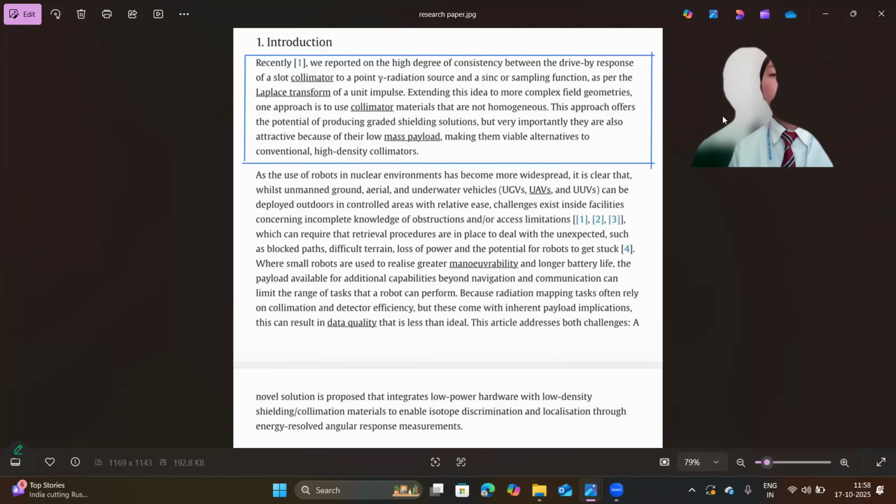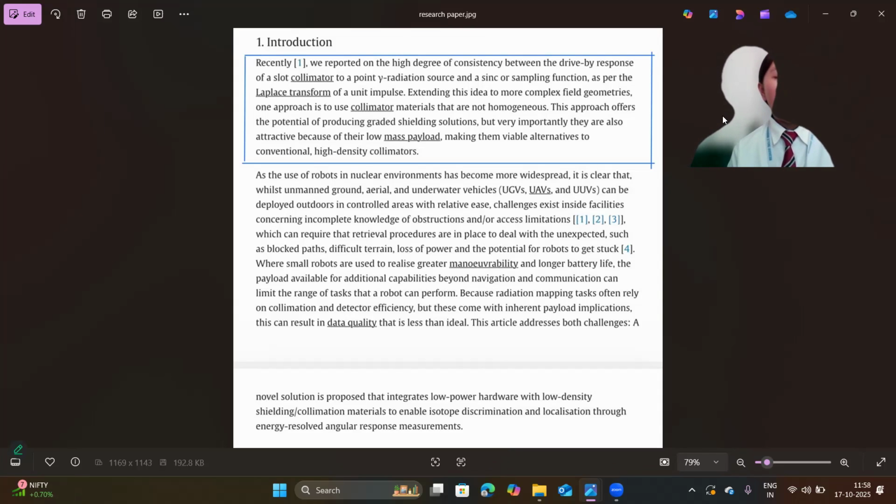Extending this idea to more complex field geometries, one approach is to use collimator materials that are not homogeneous. This approach offers the potential of producing graded shielding solutions, but very importantly, they are also attractive because of their low mass payload, making them valuable alternatives to conventional high density collimators.